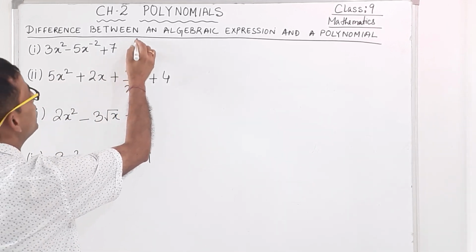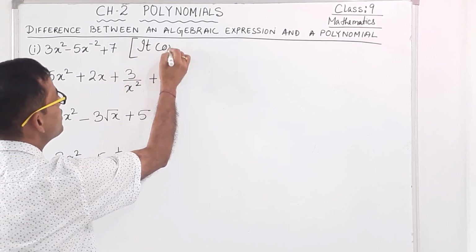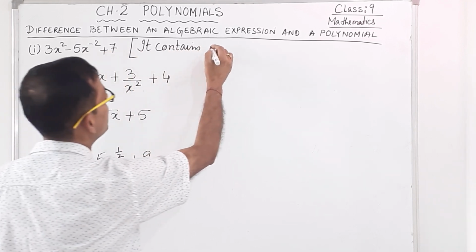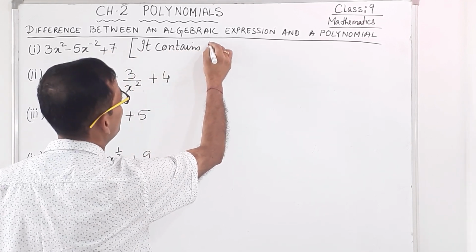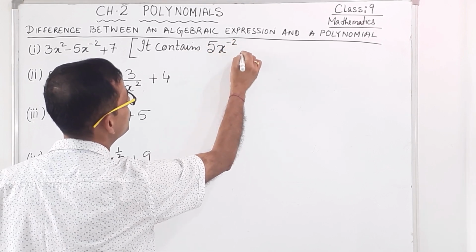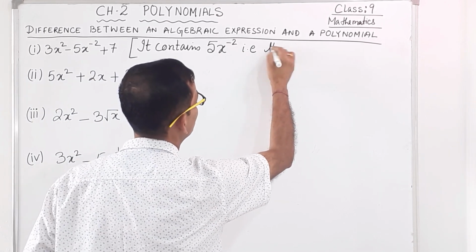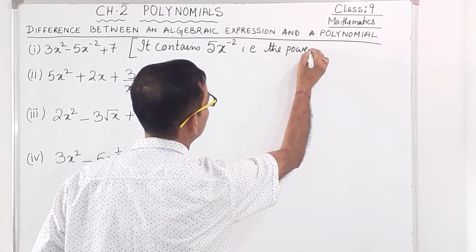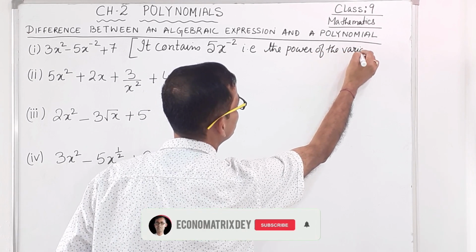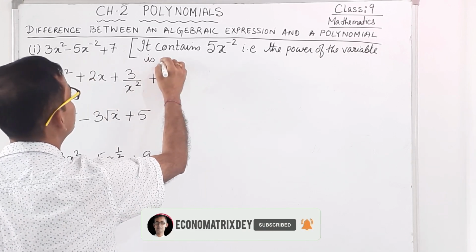See here, it contains 5x to the power minus 2, that is, the power of the variable is negative.